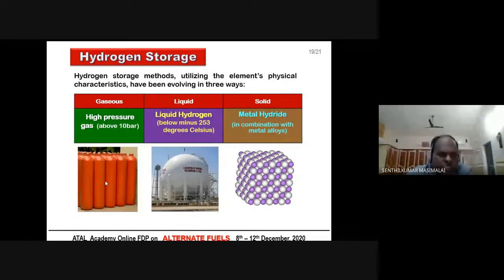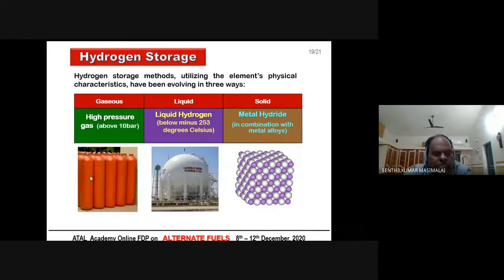But generally speaking, for storing hydrogen in gaseous form, thick-walled, huge containers with more weight are required. So if you want to travel with hydrogen, you have to keep this cylinder in your vehicle, and your vehicle will unnecessarily carry the weight of the cylinder. So this is the drawback.